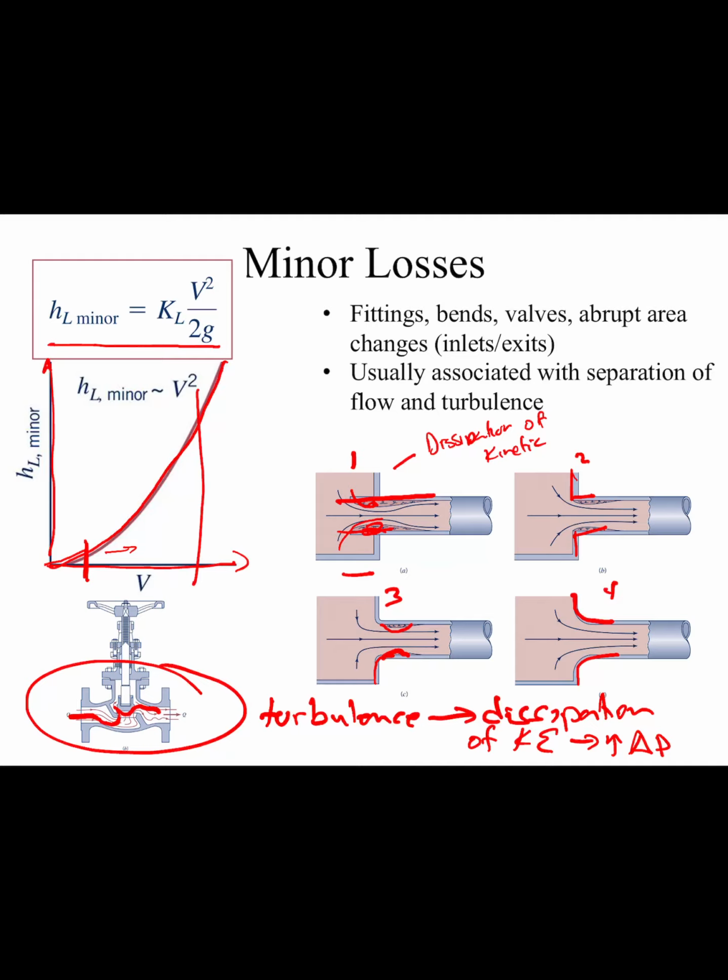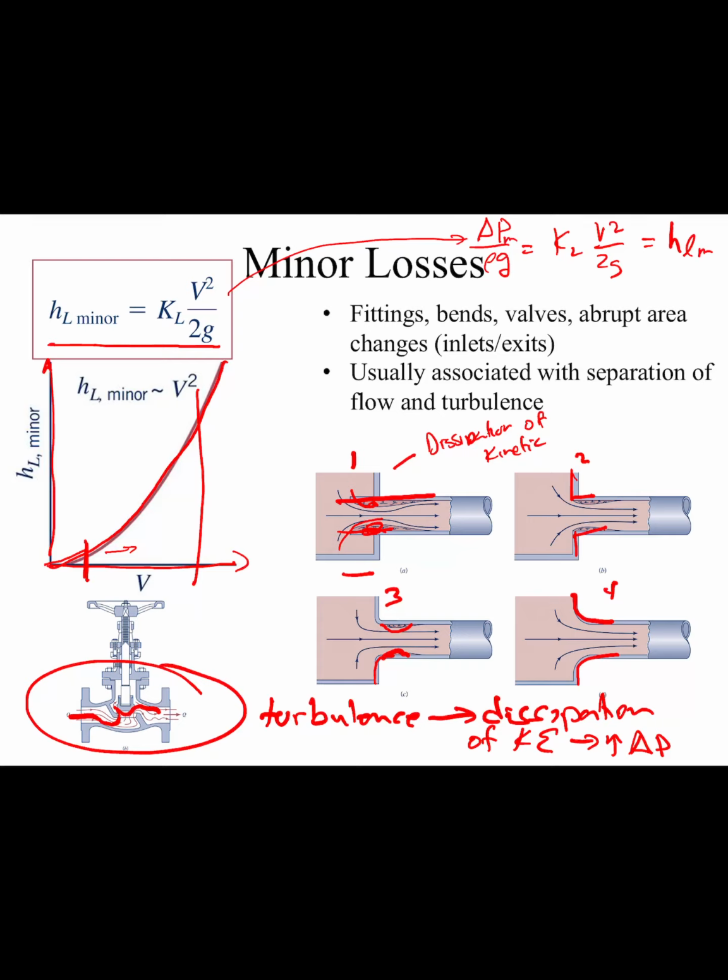That's something to keep in mind with your problems. The other thing to recognize, just rewriting it, is that we know delta P over rho g is equal to K_L V squared over 2g. We could write that as our minor head loss, so delta P minor.